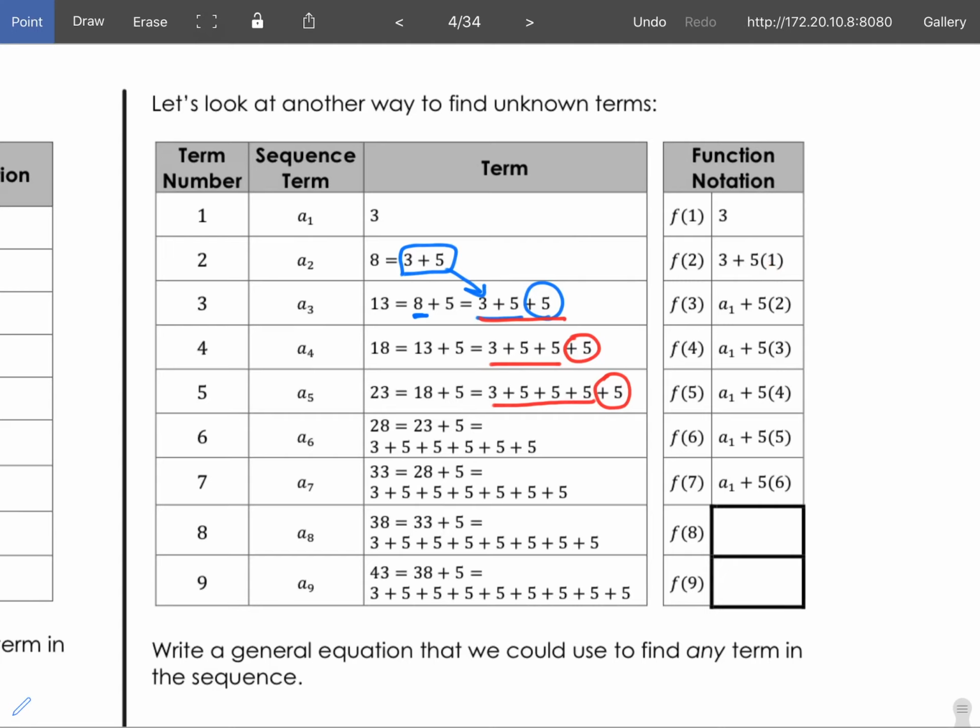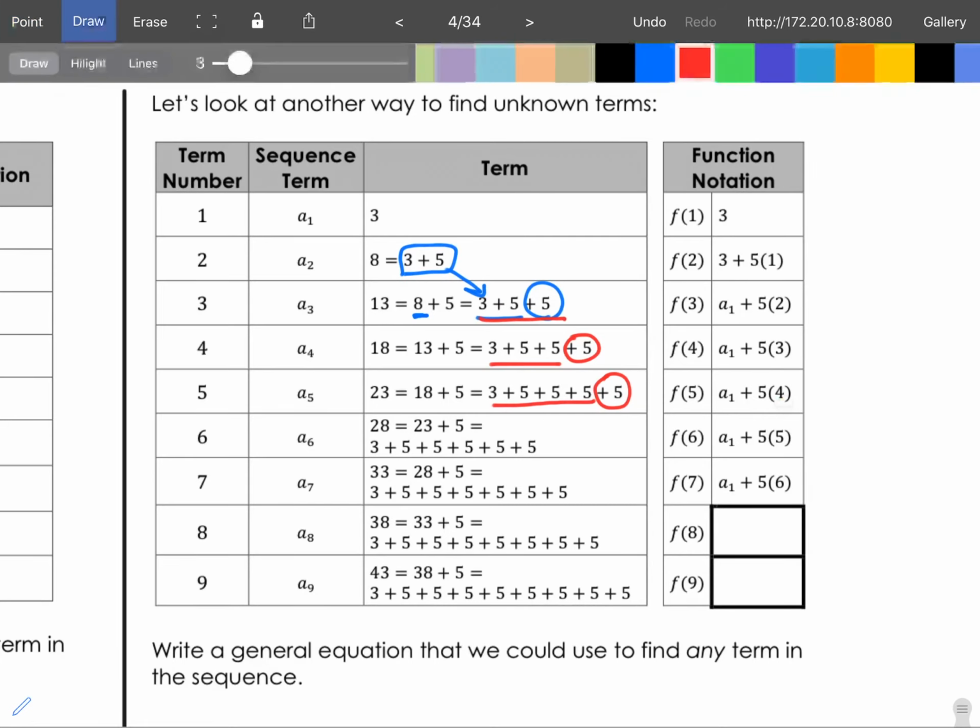And then the next one is 3 plus 5 plus 5, which is 5 times 2. See, there's 2 of them. And then 3 plus 3 fives, and then 3 plus 4 fives. And notice that pattern keeps going. So then when we get down to here, we're going to have 7 of those 5s, okay, because it's the 8th term.